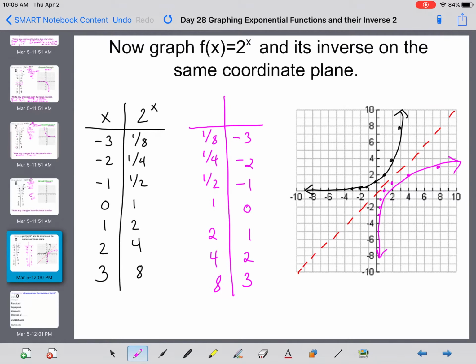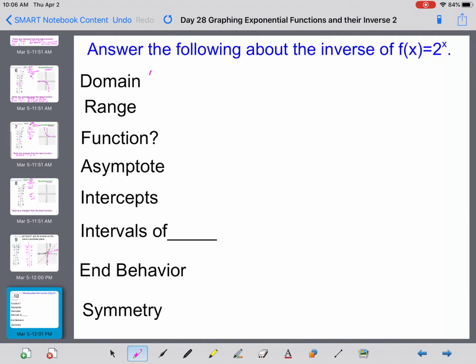My y values go down to negative infinity, and at some point this is going to go up to positive infinity and reach all of those positive y values. So my range is negative infinity to infinity, which makes sense. Our domain and range of this exponential function have flip-flopped with this inverse function. The domain of the exponential is now the range of the inverse, and the range of the exponential is now the domain of my inverse.